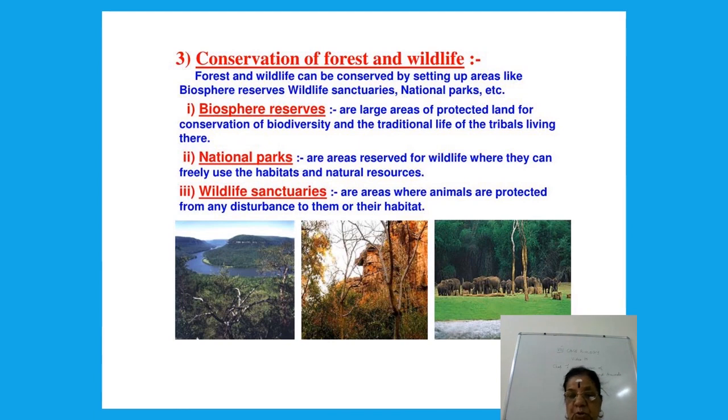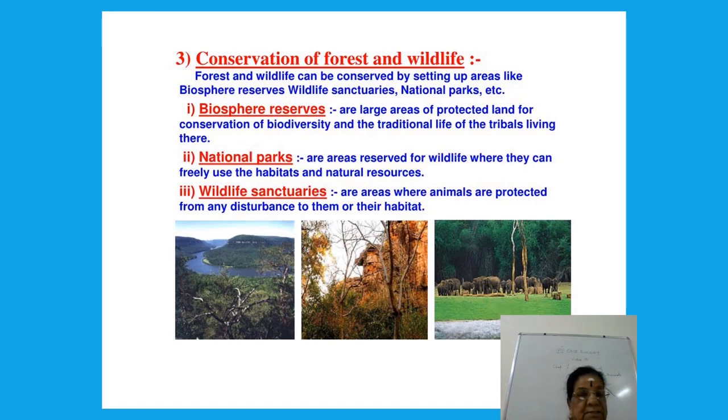Felling trees na மரத்தை வெட்டி விடுறது. Sanctuary areas are where animals are protected from any disturbance to them and their habitat. I hope you are able to follow this. So this is the first method of conservation of plants and animals.